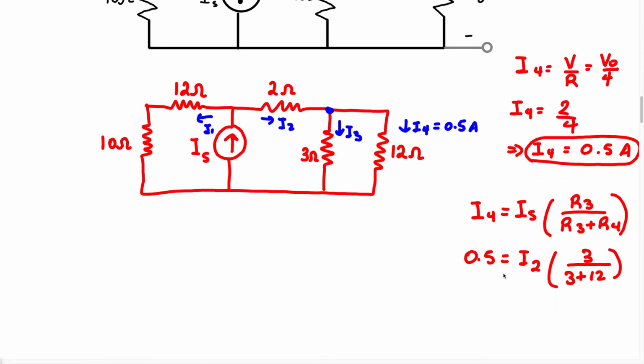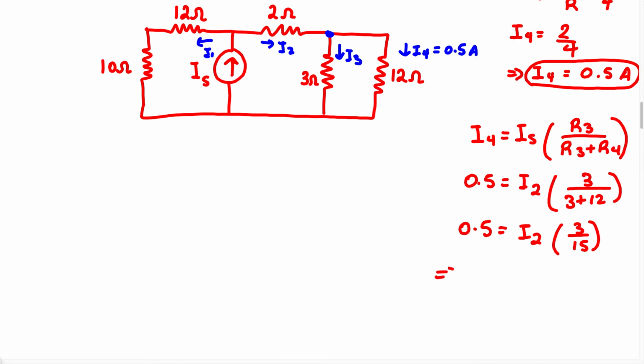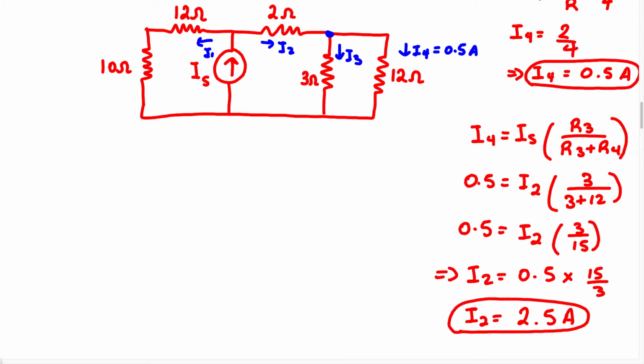When we start to simplify this, we have 0.5 equals I2 multiplied by 3 over 15. Now when we simplify this, we're going to get I2 equals 0.5 times 15 over 3. I2 equals 2.5 amps. Now this isn't the answer, but this might be able to help us later on.